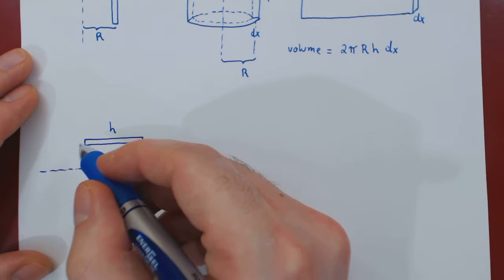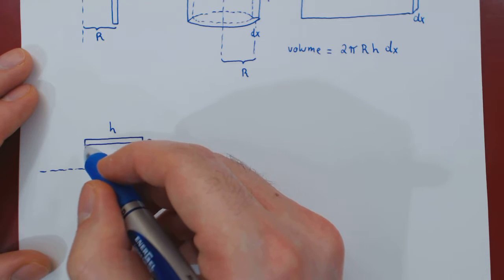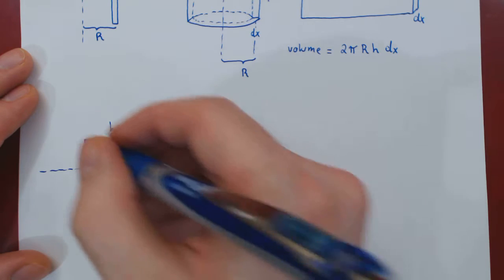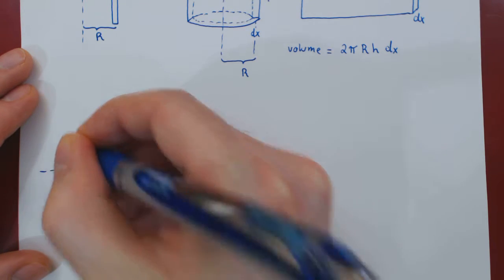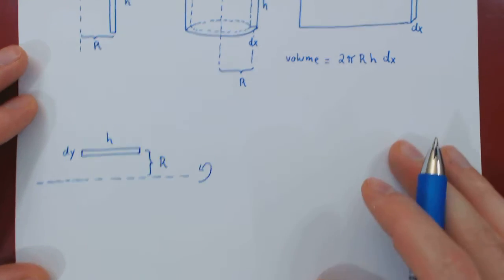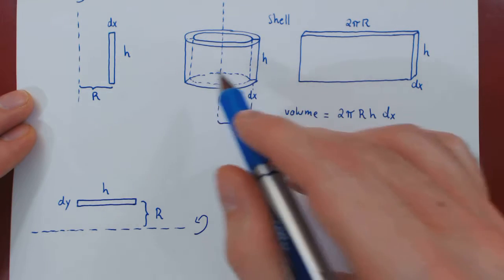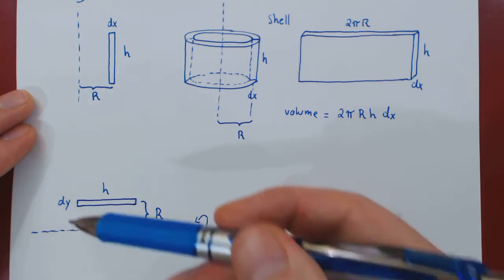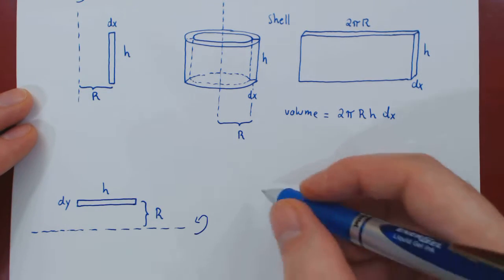The only difference, of course, is now the width of our rectangle is a small change along the y-axis. So it is given by dy and not dx. And before the shell was standing up, now it will be, of course, on its side.